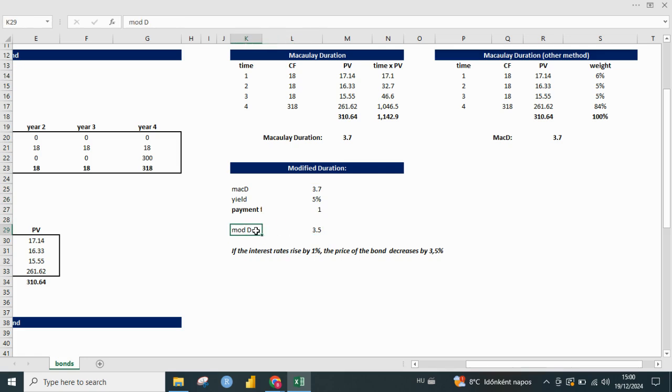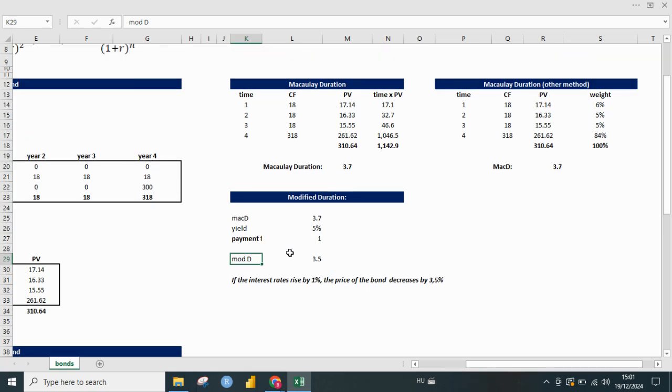So this means that it is the modified duration, and how it is computed is very simple actually. Literally everyone can be able to do it and understand it, but let's see now. We use the MACD, or the Macaulay duration, as an input, which in this case is 3.7 years.